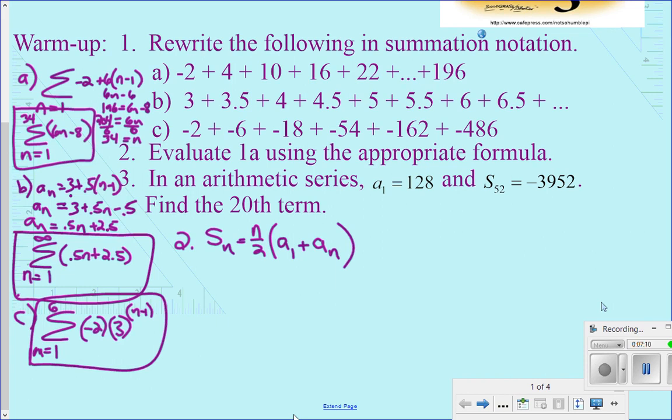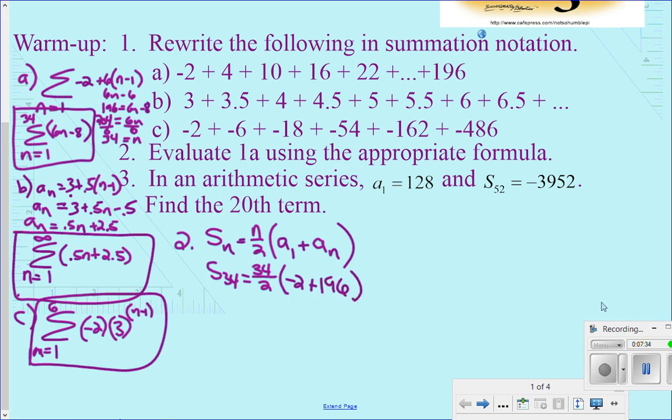So I'm going to substitute in what I know here. Well, we already used the explicit formula to determine that there are 34 terms. So S sub 34 is equal to 34 divided by 2 times the first term, which was -2 in this series, plus the last term, which is 196.